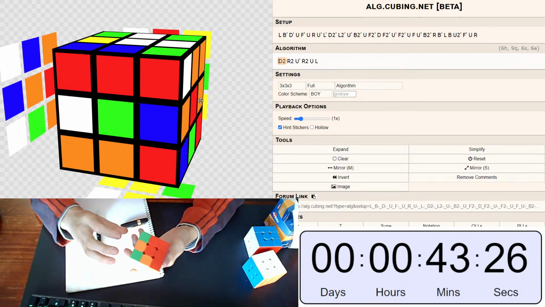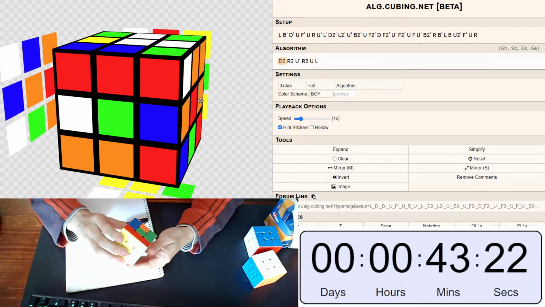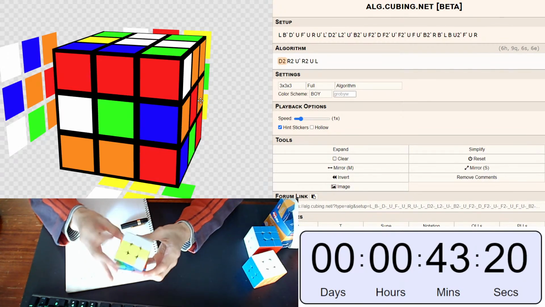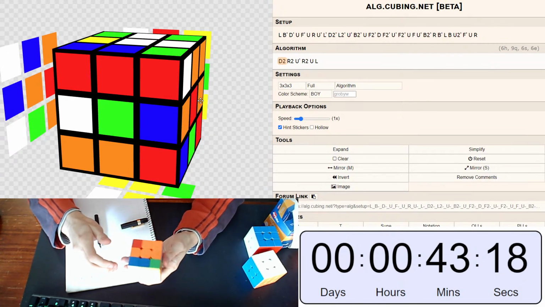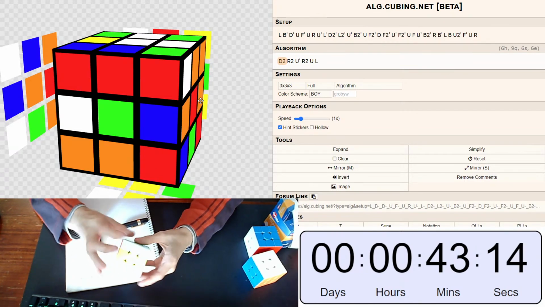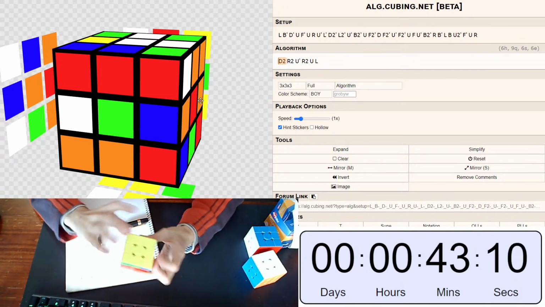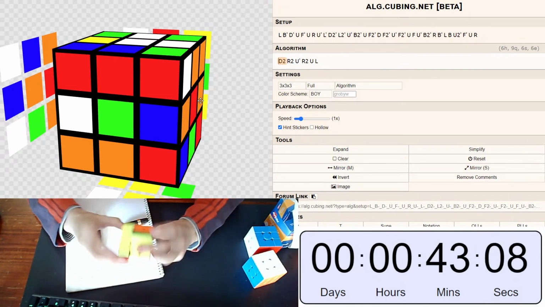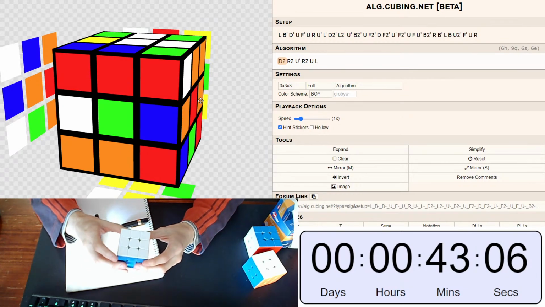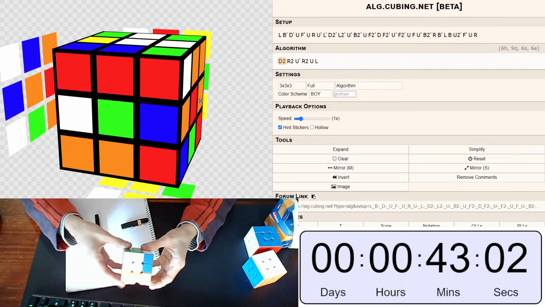Something strange is afoot. So, L, B prime, D prime, U.